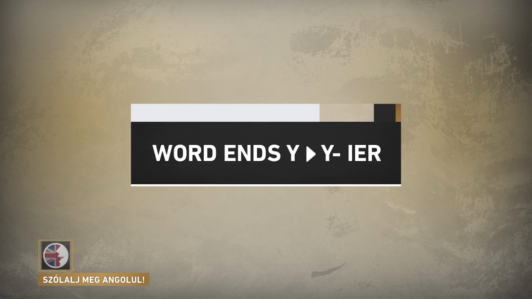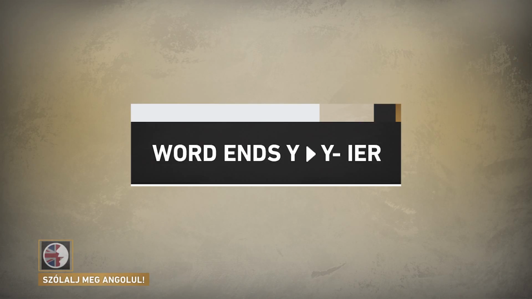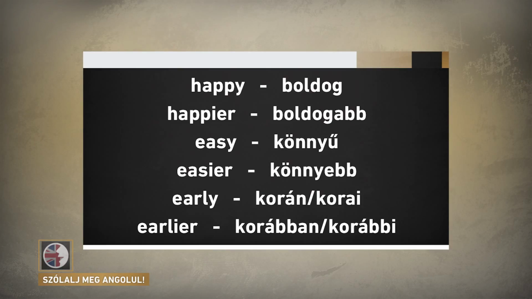Well, with adjectives ending in Y, we replace the Y with IER. So, happy, for example, becomes happier. The comparative form of happy is happier. We replace the Y with IER. Great. So happy becomes happier, easy becomes easier, and early becomes earlier.